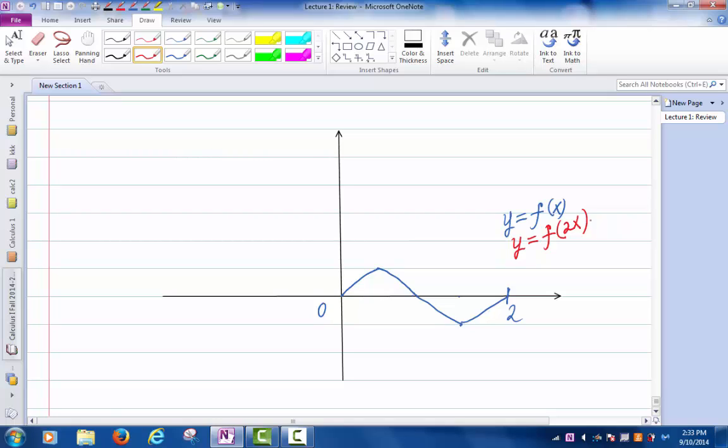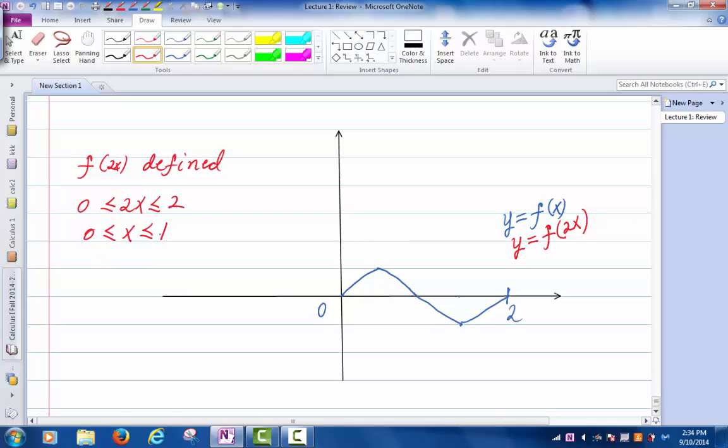X is between 0 and 2, right? So f of 2x will be defined as long as 2x is where? Yeah, it has to be between 0 and 2 because that's the domain of f. So then x would be where? Between 0 and 1. So the domain of f of 2x is between 0 and 1.